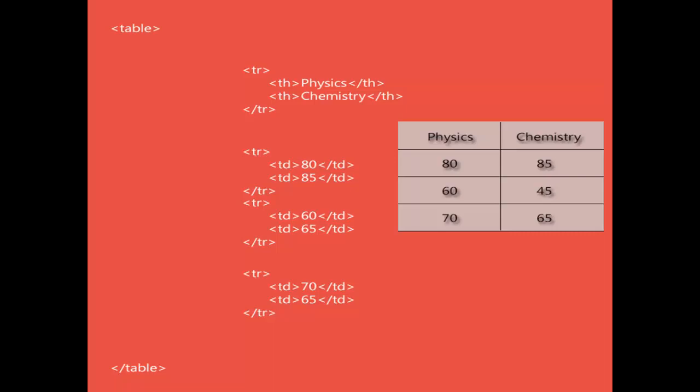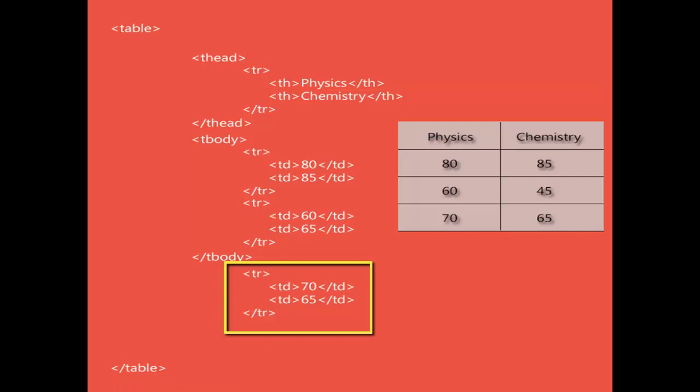We see that the table has a heading, and to make the heading content more semantic, HTML recommends enclosing the heading contents inside the t-head element. Likewise, the t-body element would contain the rest of the table body. But wait a minute, why haven't I included the last row of the table inside the t-body element?